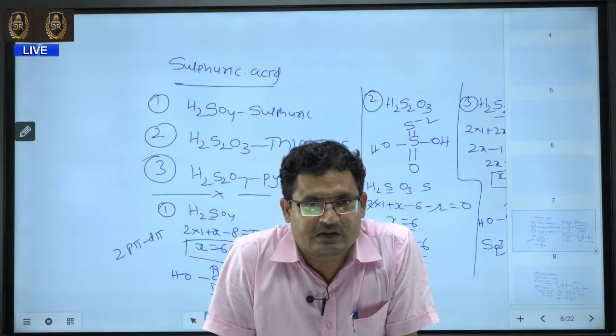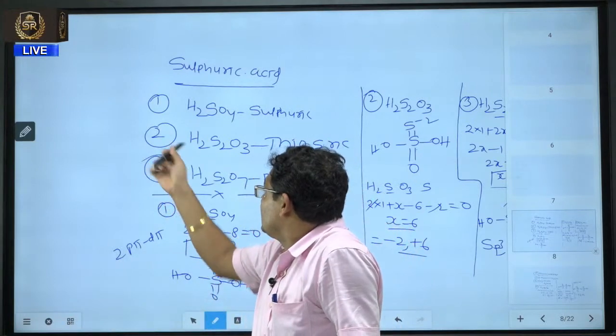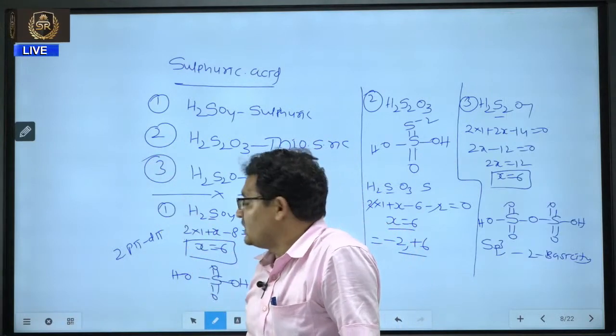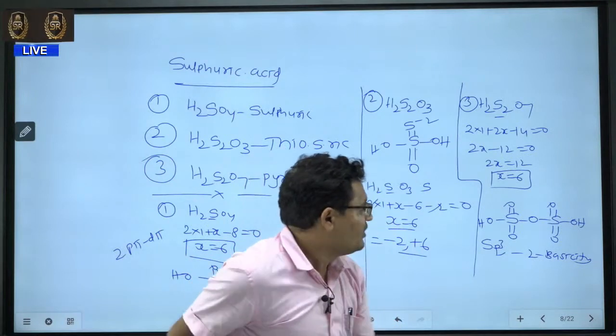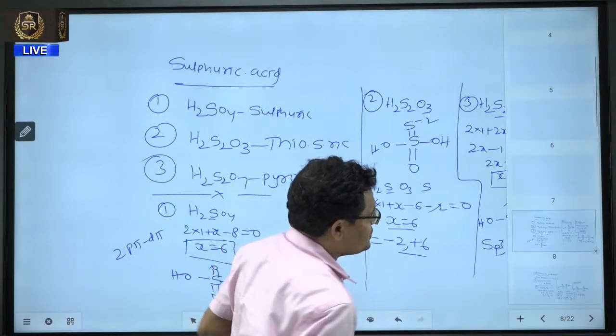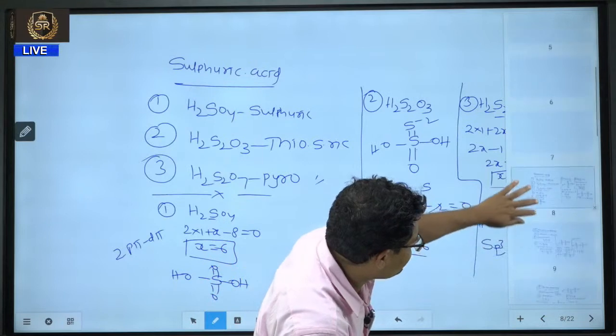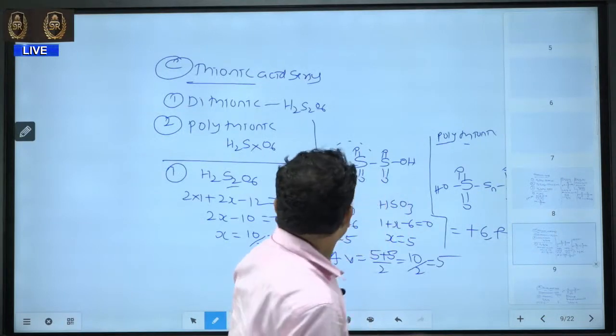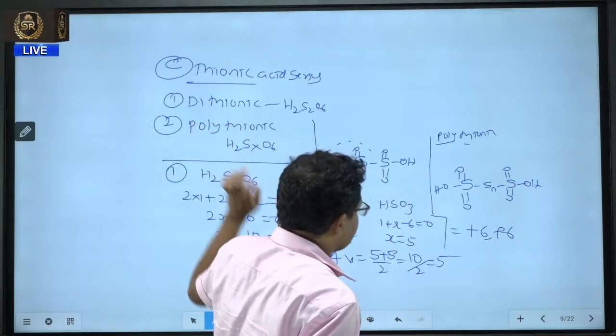Sulfuric are 3 types: sulfuric, thiosulfuric, pyrosulfuric. All of these undergo 2 basicities. After this, there are 2 types: dithionic and polythionic.